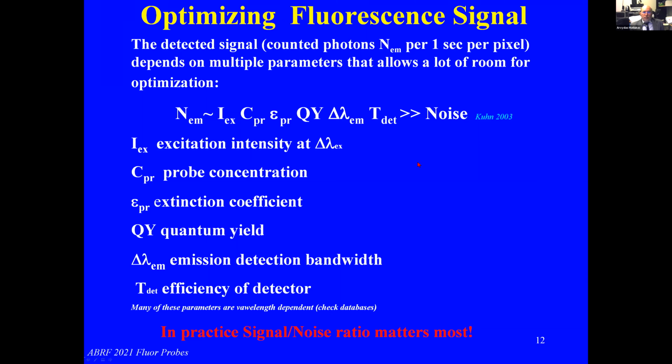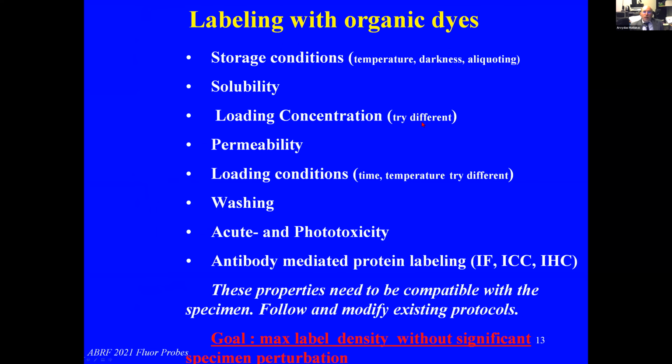In practice, just a high value of fluorescence signal may not be good enough if it is not over the noise, and ideally it should be much higher than noise. So to optimize these values, we should try to optimize each step.